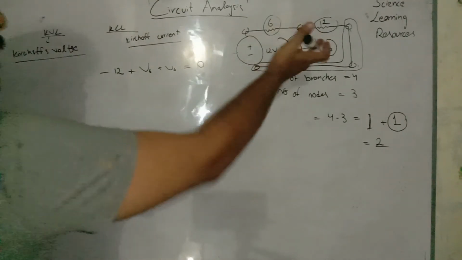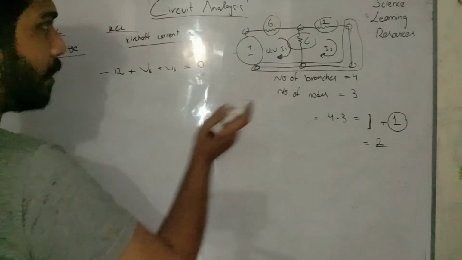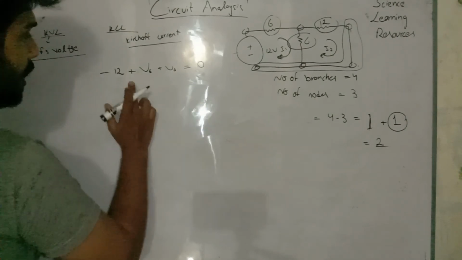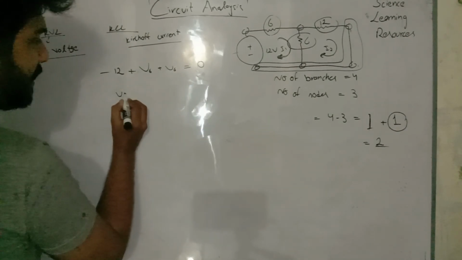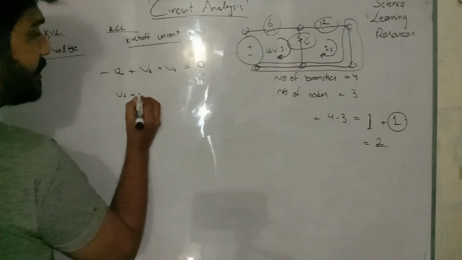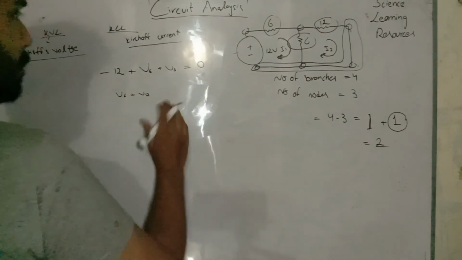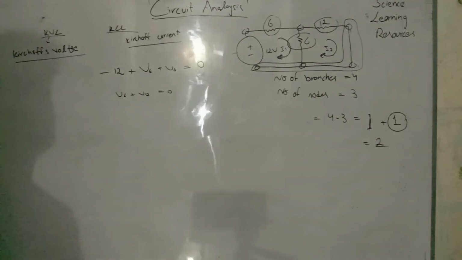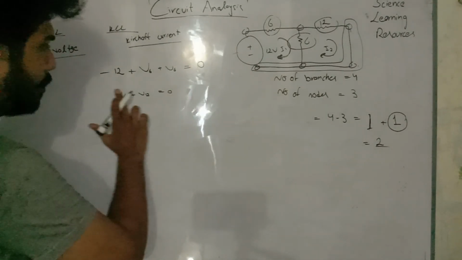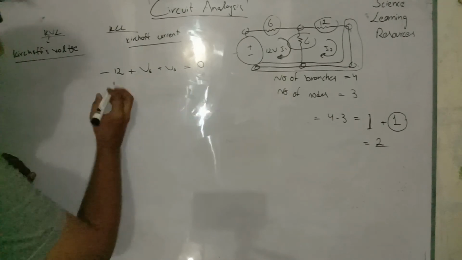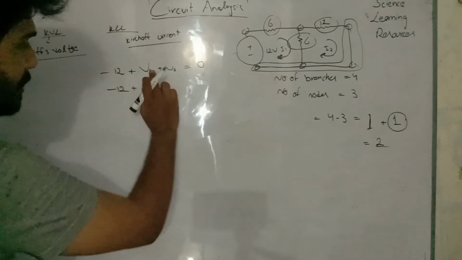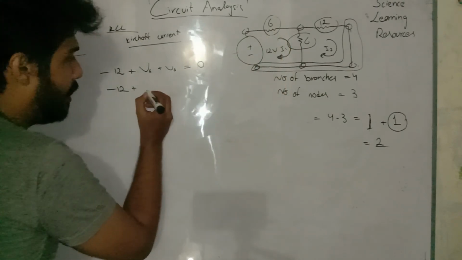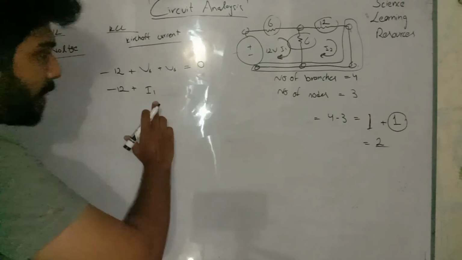After that, let me apply Kirchhoff's voltage law to the other loop, which is the voltage at V6, and after that the voltage at V12. After putting the values, let me erase this and put the value minus 12 plus the voltage at V6. Then V is equal to IR. I don't know the I, so I'm just writing I1.